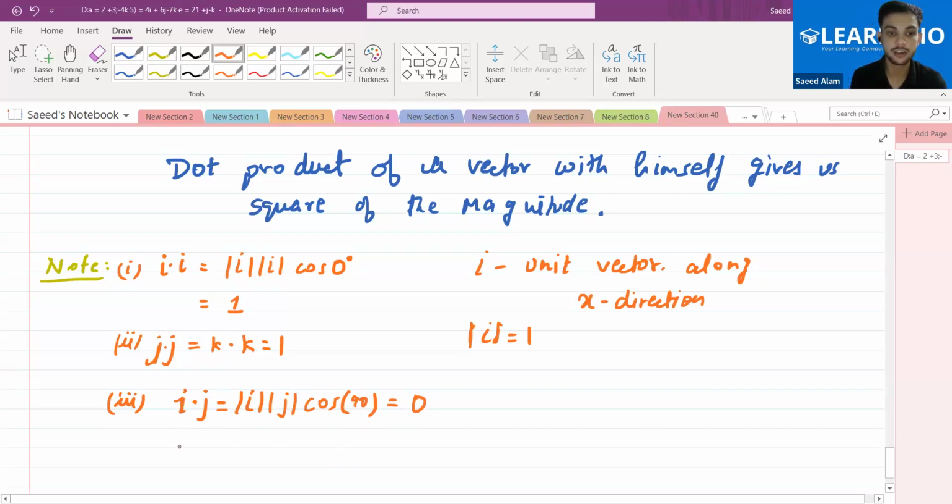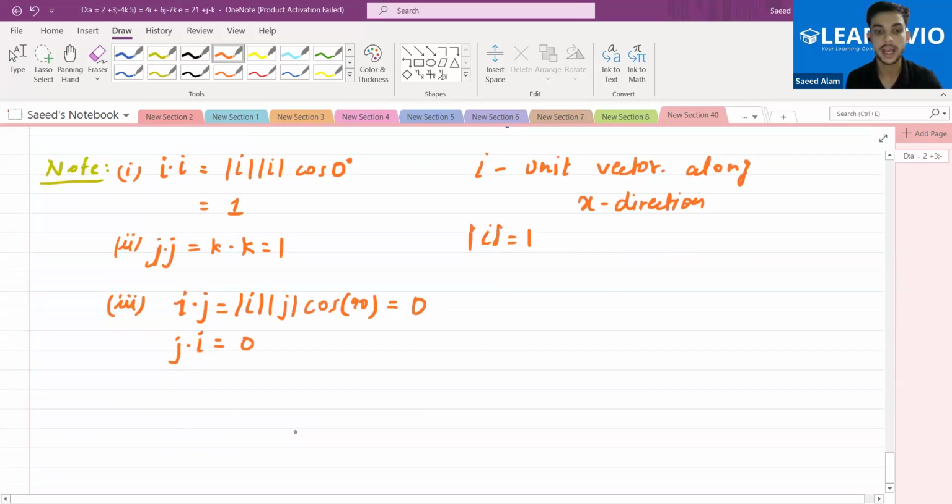Tell me one thing: I dot J is this, so what will be J dot I? That will be 0 only. Do you agree that whether I'm finding I dot J or J dot I, the result will be the same? Or I can say either I'm finding A dot B or B dot A, the result will be the same.